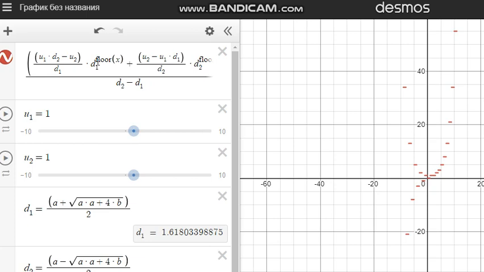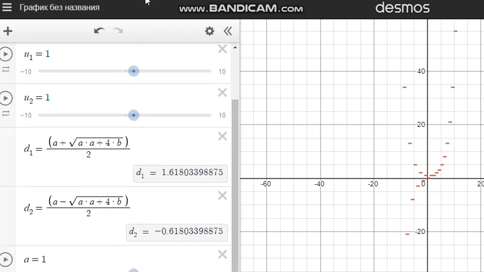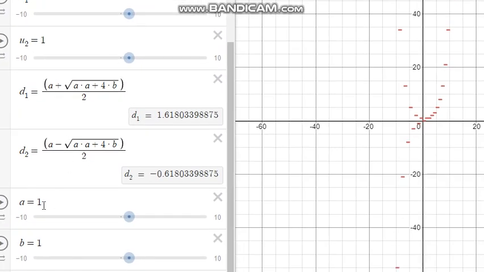So I used a floor function because you know something here may be negative and Desmos doesn't work with complex numbers. Yes, I know it doesn't work. Well, this is our function with floor, of course. This is our u1 and u2, and these are our a1 and b1.